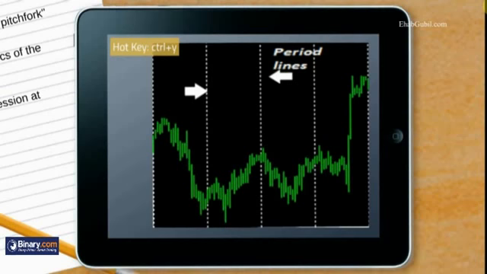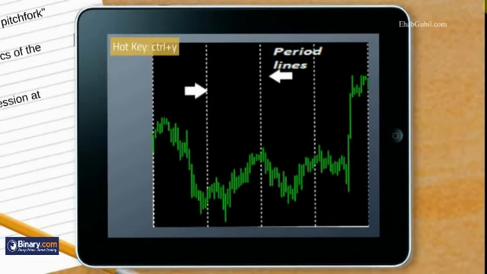I use these time zones of the chart history to draw my pitchfork based on the high-low candlestick or bar of each time zone. I usually use the H4 or H1 time frame for trading. Also, my strategy is typically based on these time frames. It will work also on higher or lower time frames.